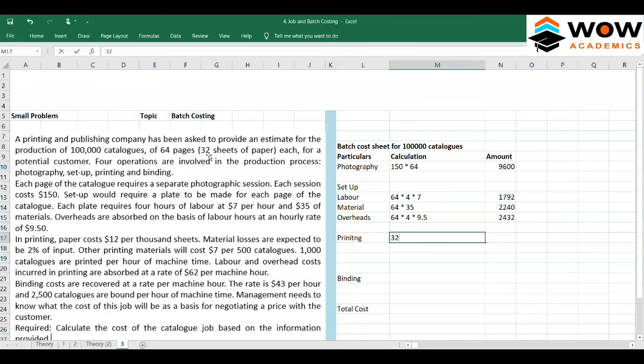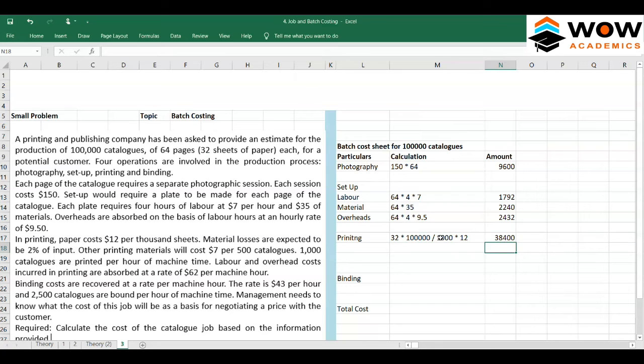And how many are we going to produce? We need 1 lakh catalogs. So this will give you the total number of sheets, and every 1,000 sheets will be costed at $12. When you solve this, you will get the paper cost.